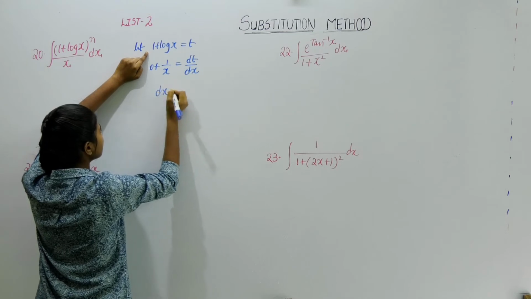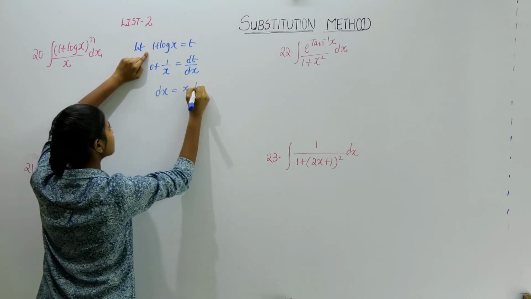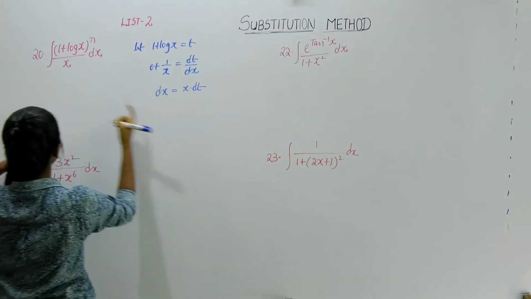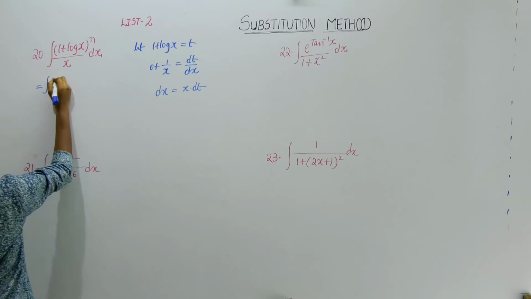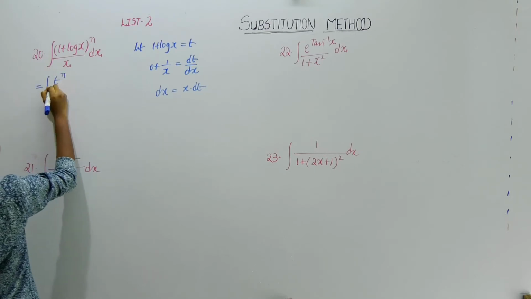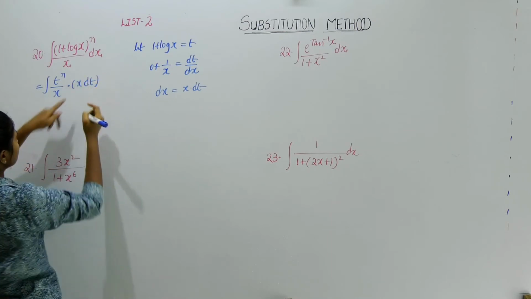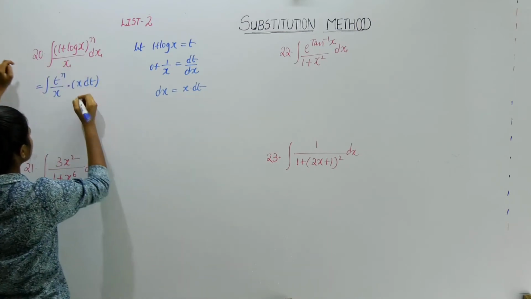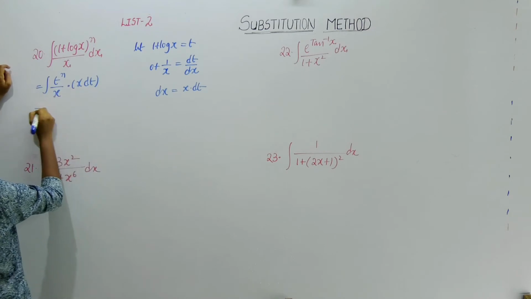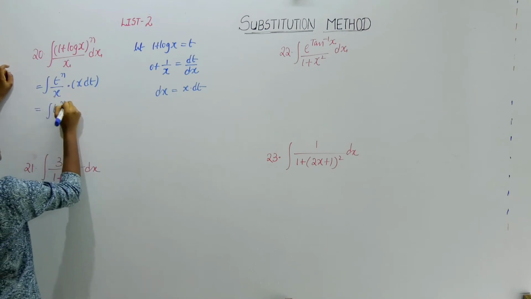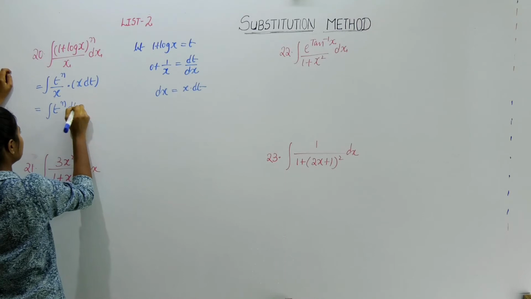Now, in the place of dx, we can write x into dt. When we substitute it here, we get integral t power n by x into x dt. In the place of dx, I substituted x dt. This x gets cancelled and we are left over with integral t power n dt.